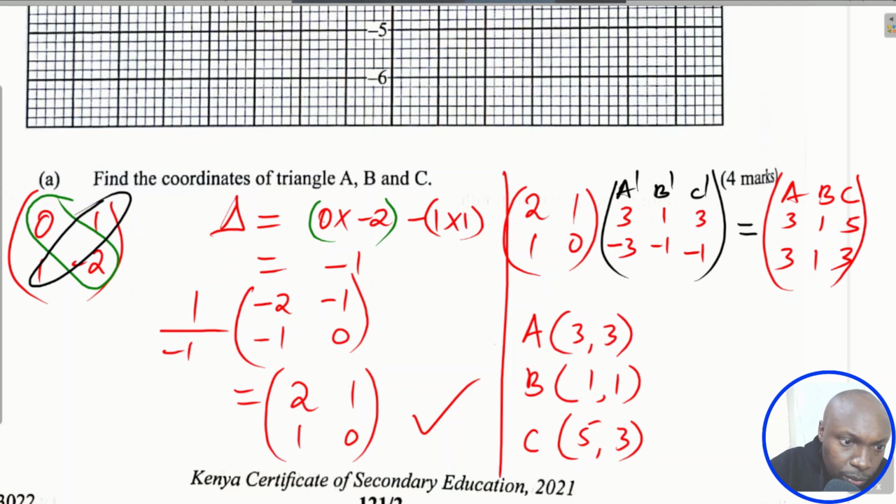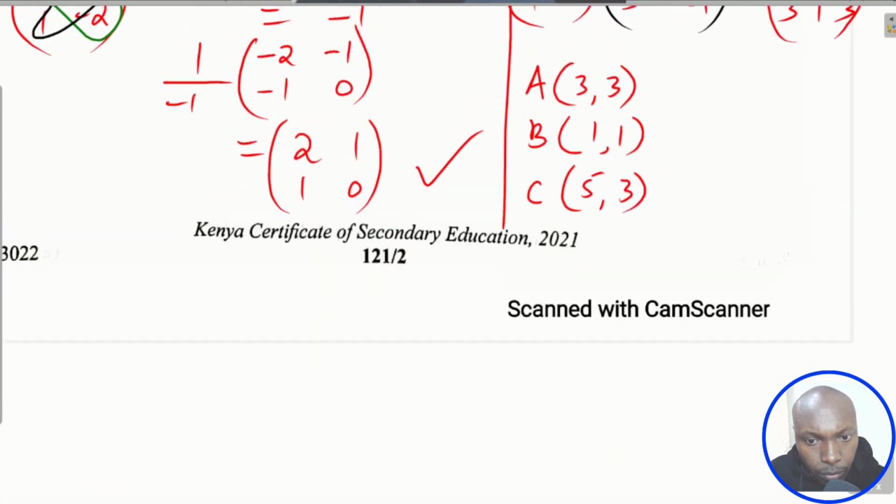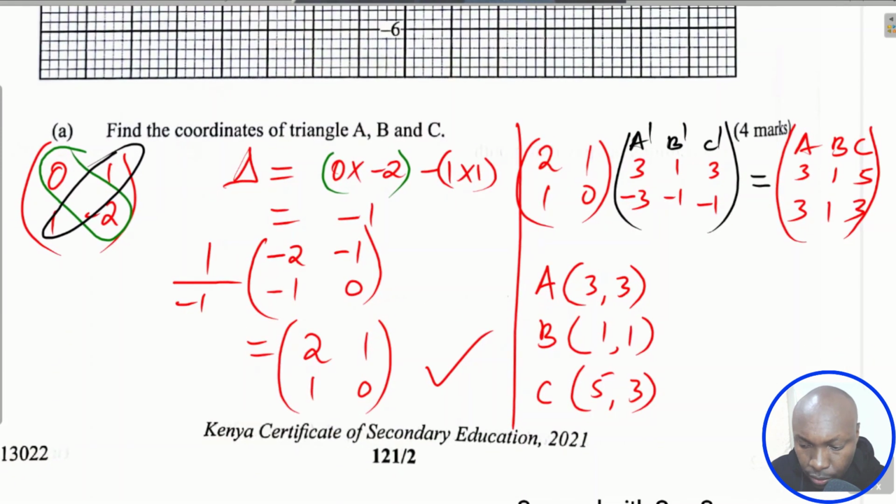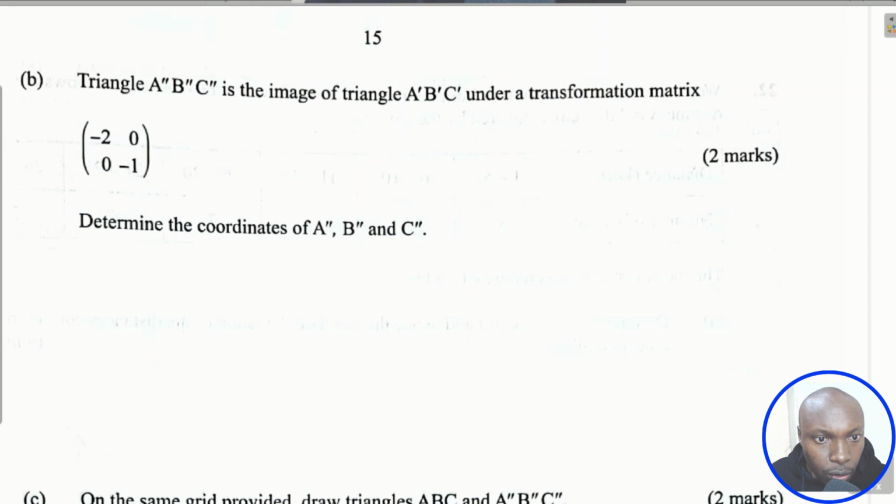Now let's go to the second part of the question. Triangle A double prime, B double prime, C double prime is the image of triangle A prime, B prime, C prime under a transformation matrix -2, 0, 0, -1. Determine the coordinates of A double prime, B double prime, C double prime.